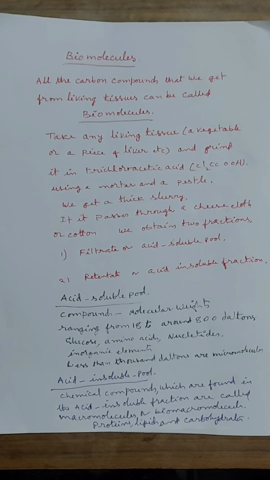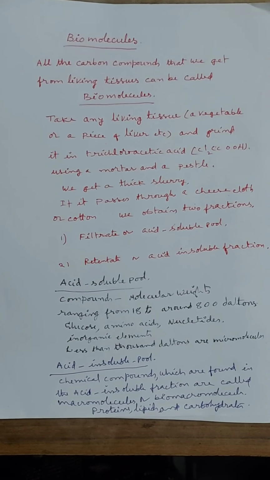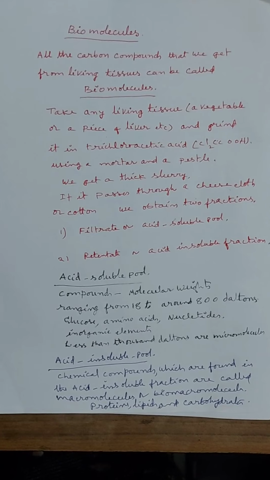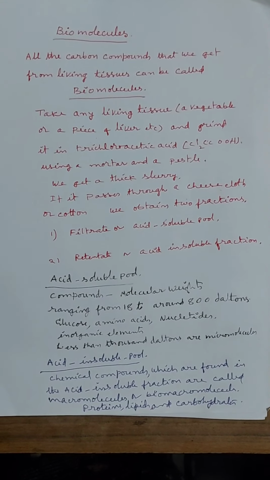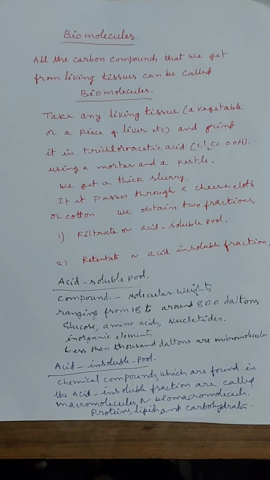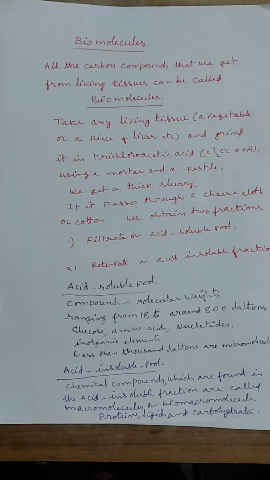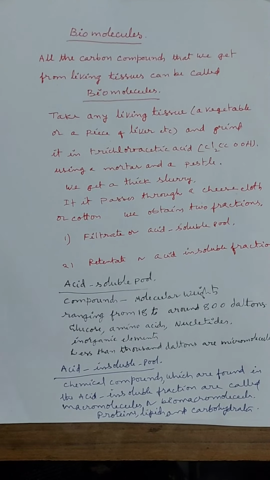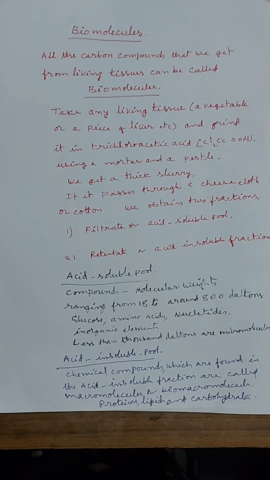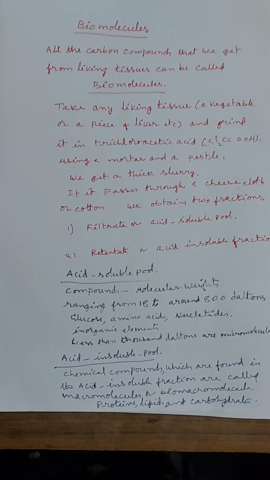Alright? Now, you take any living tissue, a vegetable part of a plant or a piece of liver, and grind it in trichloroacetic acid using a mortar and pestle.